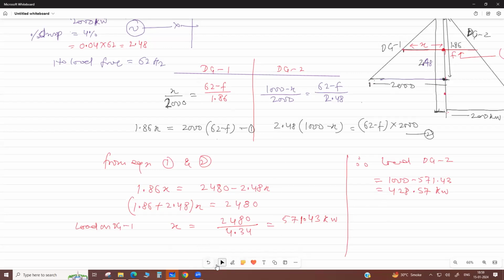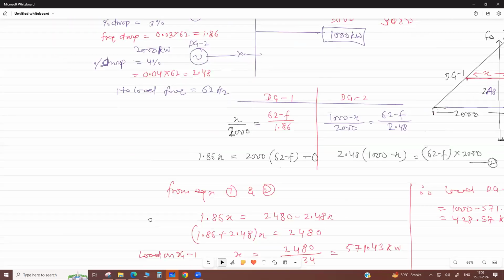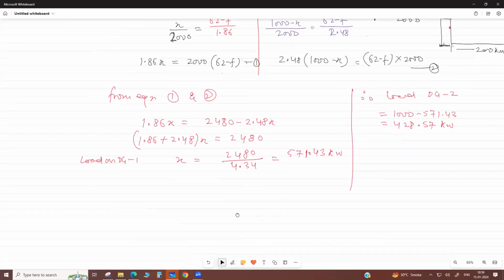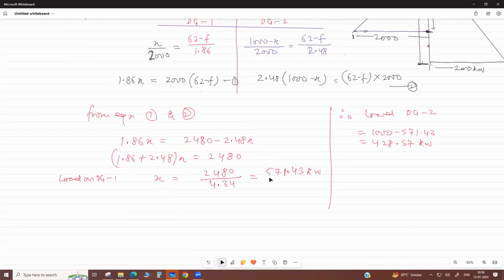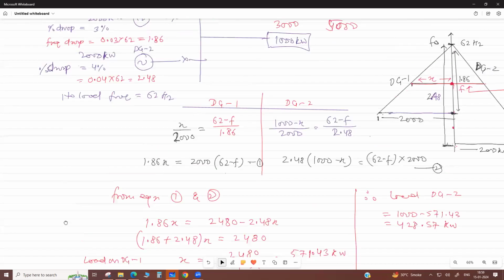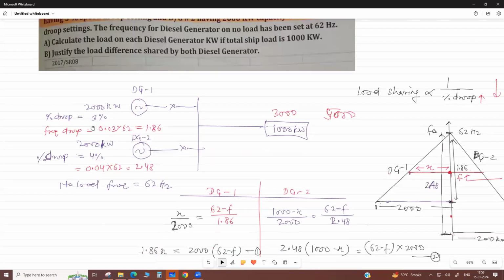So see here, both machines have the same capacity, but due to different droop settings, the load on generator 1 is 571 and the load on generator 2 is 428. So which machine shares more kilowatts? The machine which has a lower droop setting. Clear?